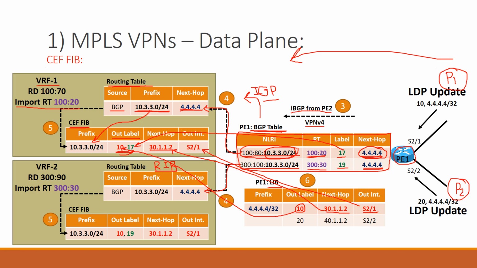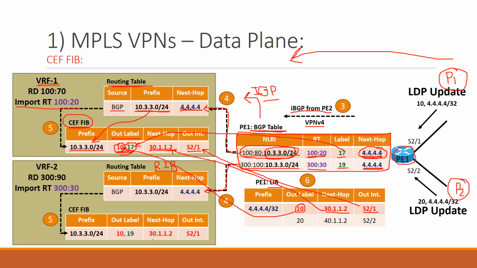So when PE1 receives an unlabeled packet destined to 10.3.3.0 that comes from an interface associated with VRF1, it will check its CEF forwarding information base and then will assign an outer label 10, an inner label 17, and send to the next hop P1 out of serial interface serial 2/1.